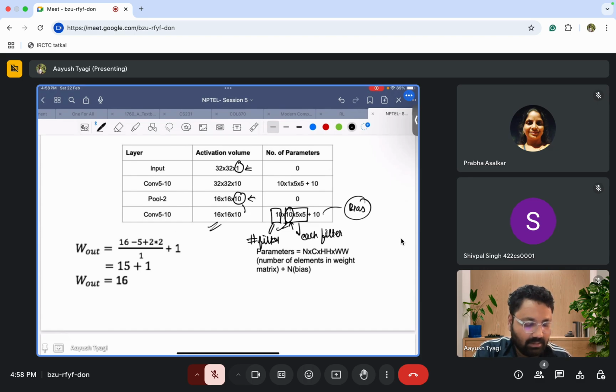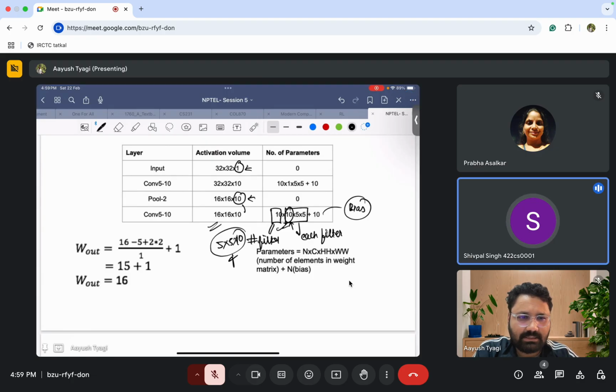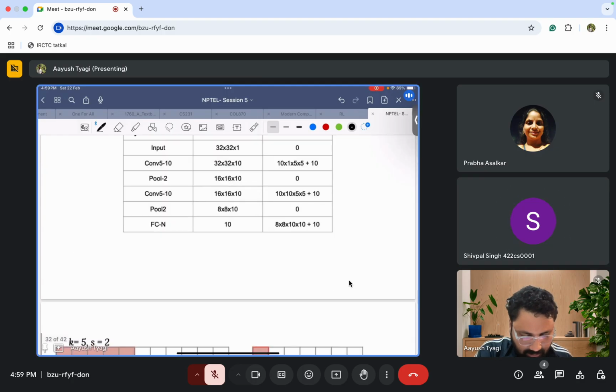So that's why you have a filter which should be of dimension 5 cross 5 cross 10. Make sense? Yes, sir. Okay, great.